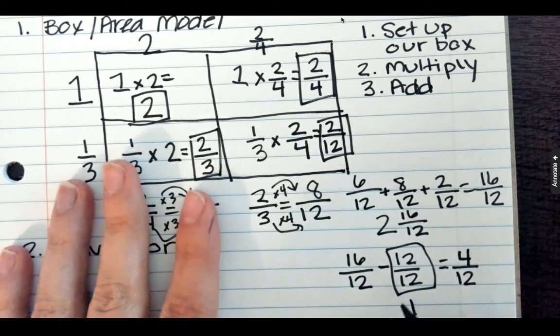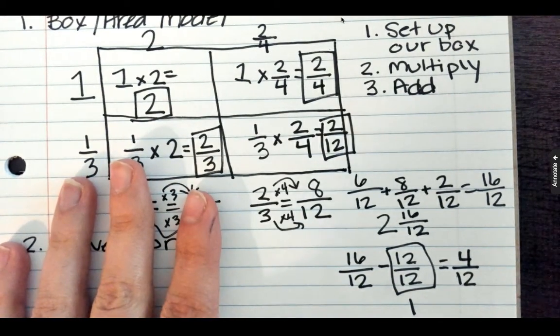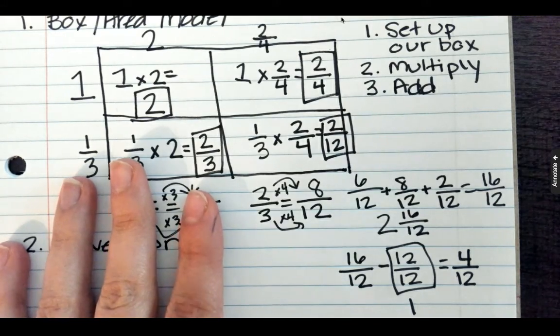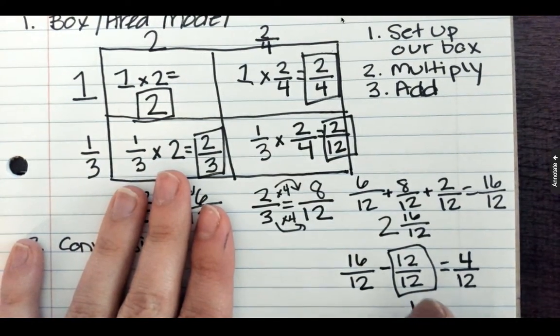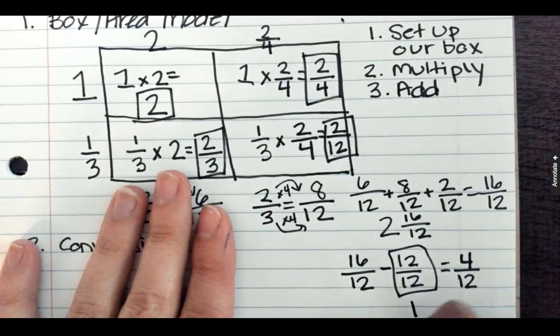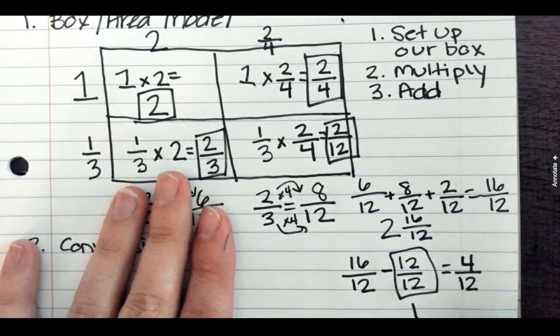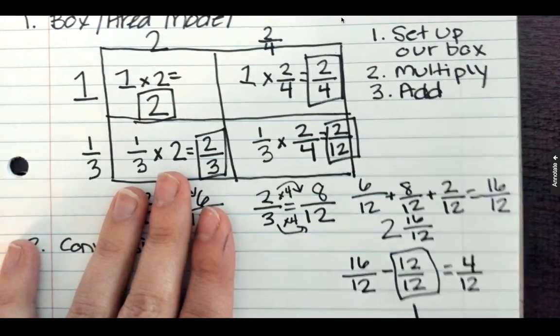So my mixed number for 16/12 is 1 4/12. So I have 2 plus 1 4/12, which equals 3 4/12.